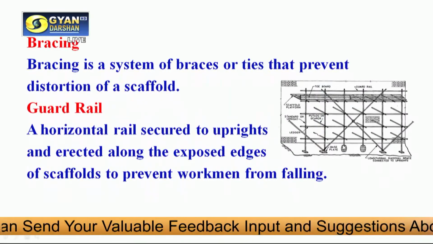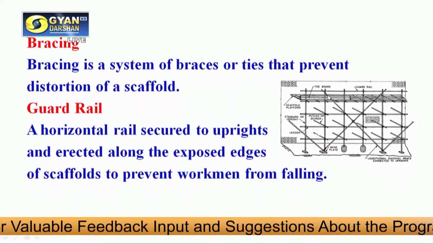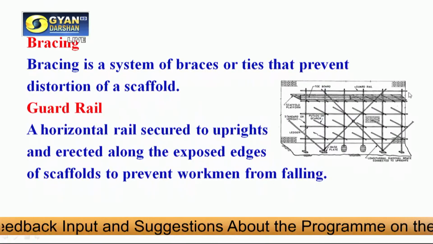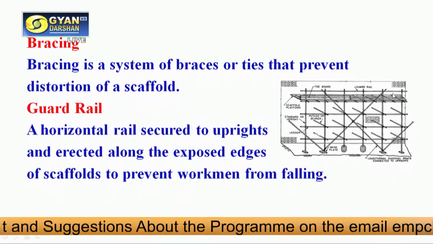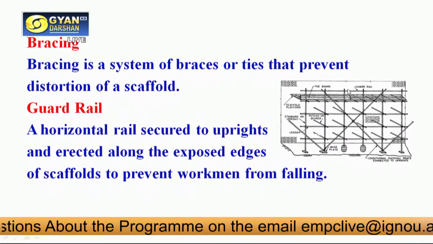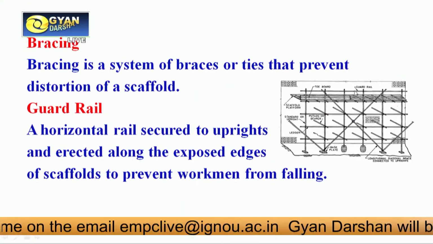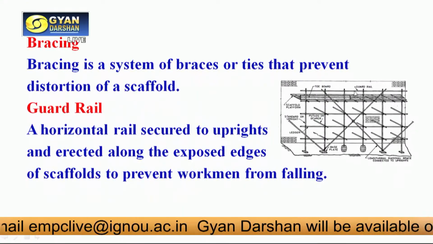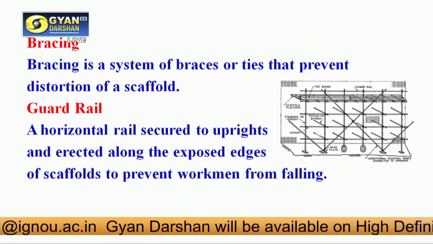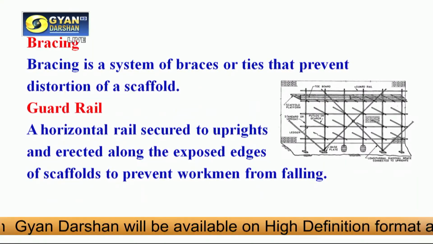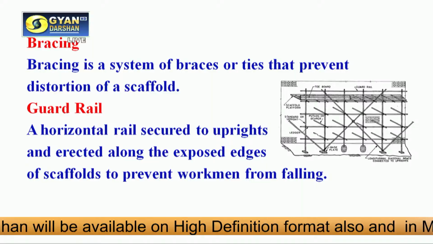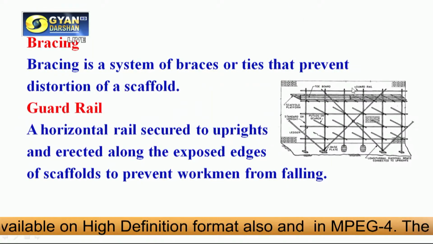So you can see the guardrail here in this graphics. This one top horizontal member, this is the guardrail. Its purpose is just for the safety of the worker to avoid any fall, and it is not playing any role in the load transfer mechanism of the scaffold.